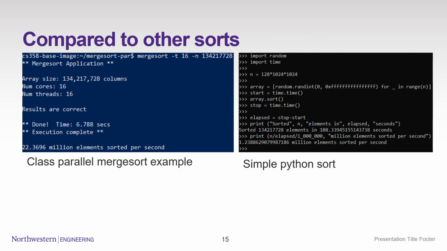Compared to other sorts, like a simple Python sort that's sequential, which sorts it in 108 seconds, and this parallel merge sort using modified code from Quaz, which was done in 6.8 seconds, which is much faster than the sequential Python code, but still slower than the simple sort code provided in Chapel.